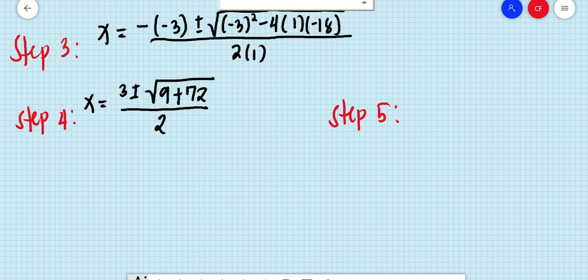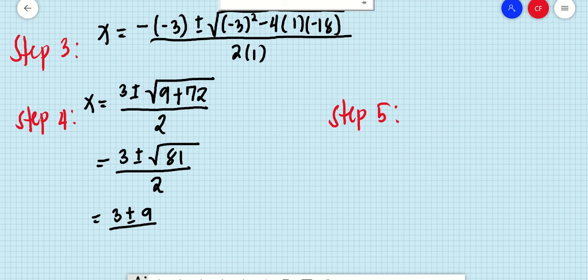Okay, simplify again. Just simply copy 3, positive, negative. So you simply add 9 and 72. So 9 plus 72, that is 81 all over 2. Okay, and then simplify again. 3, positive, negative. Square root of 81 is 9 all over 2.